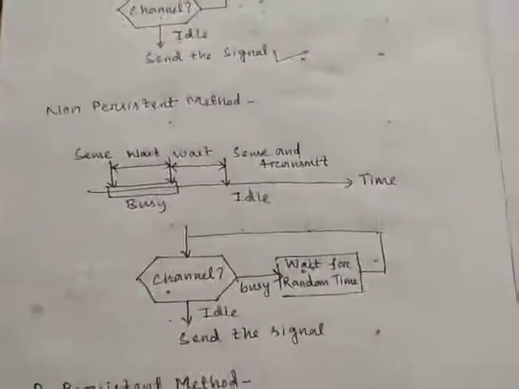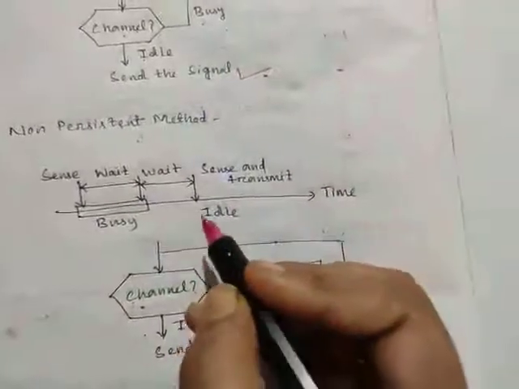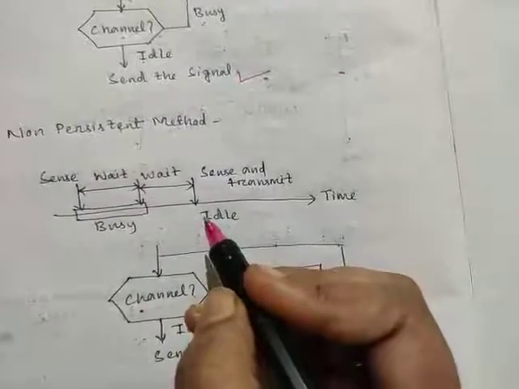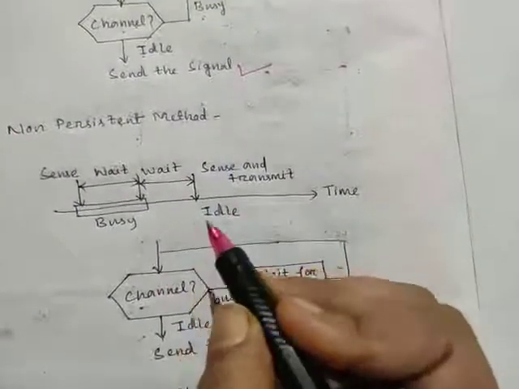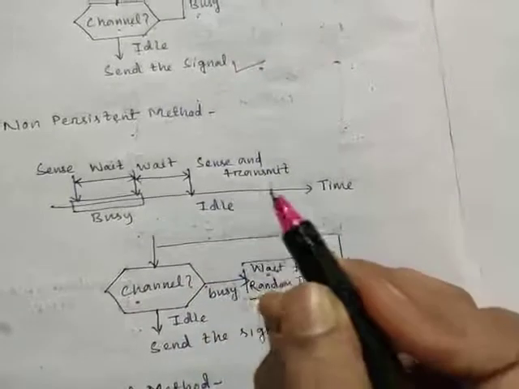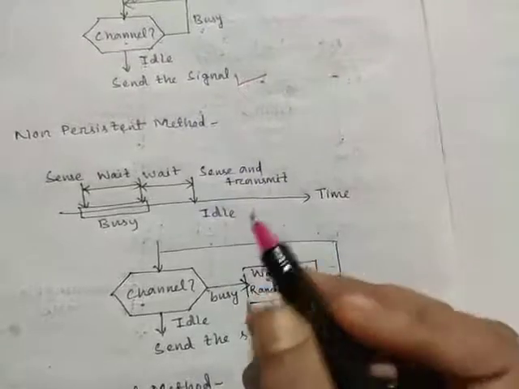Next one is the non-persistence method. If the channel is idle, the station sends the frame immediately. If the channel is not idle, it waits for a random amount of time and then senses the channel again.